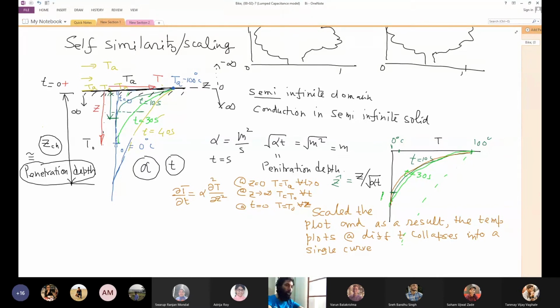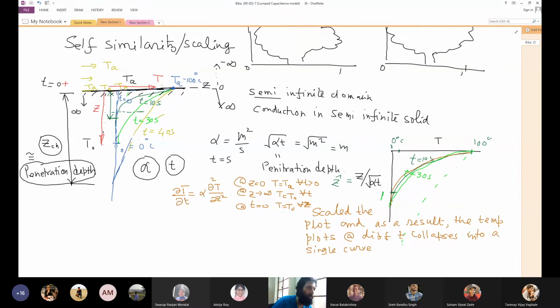Now although you see that there is no length scale without involving t, so we cannot non-dimensionalize t and z separately. We can do this by combining this, as we have seen, but separately we cannot have non-dimensionalized t and z.